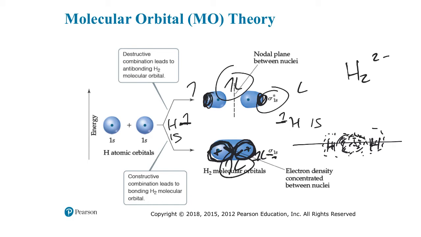So if we have 2 bonding electrons and 2 antibonding electrons, we have no net bond. The net bond order here would be 0. So that's not really going to form. That's not going to be a stable molecule that exists, whereas H2 has stability because we're bringing those nuclei together. The electrons are more stable if they're being brought together between the 2 H nuclei.